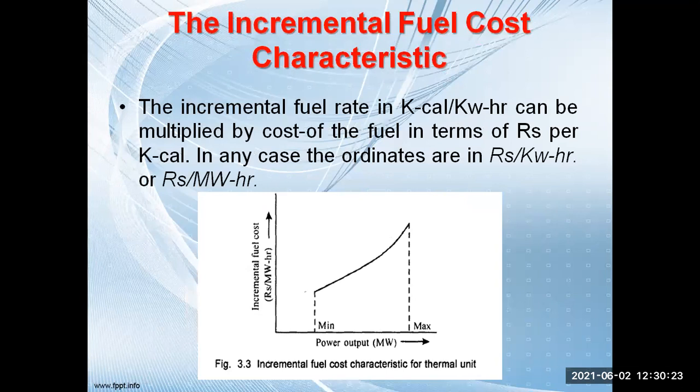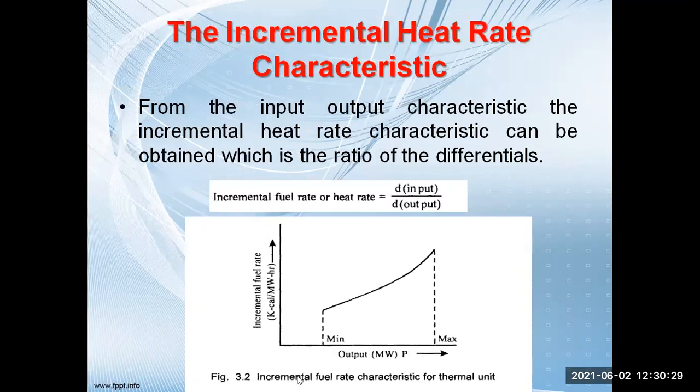Now, next is the incremental fuel cost characteristic. So what is the difference? I will say this is the incremental fuel rate. Now, from this fuel rate, we need to convert the fuel rate in terms of cost. So what is the unit of this incremental fuel rate?